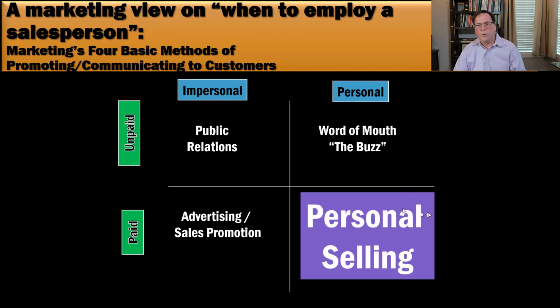And then the fourth way is personal selling. Personal selling is something the marketer is paying for, and it's a personal way to communicate with customers. Some of these customers may be retail customers, in other words consumers, so salespeople are working in consumer settings, and salespeople may also be communicating to businesses.